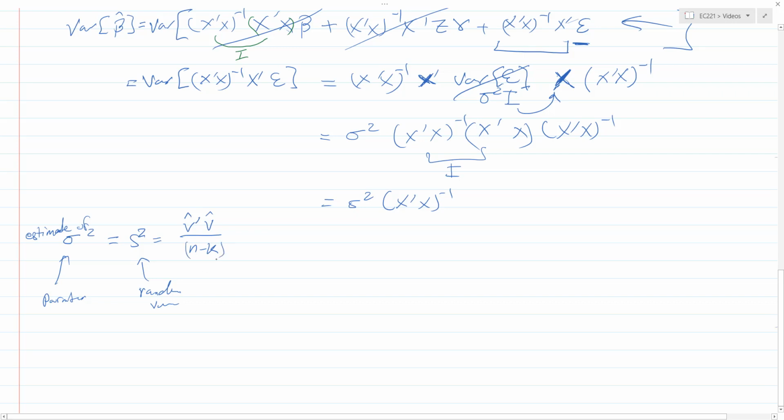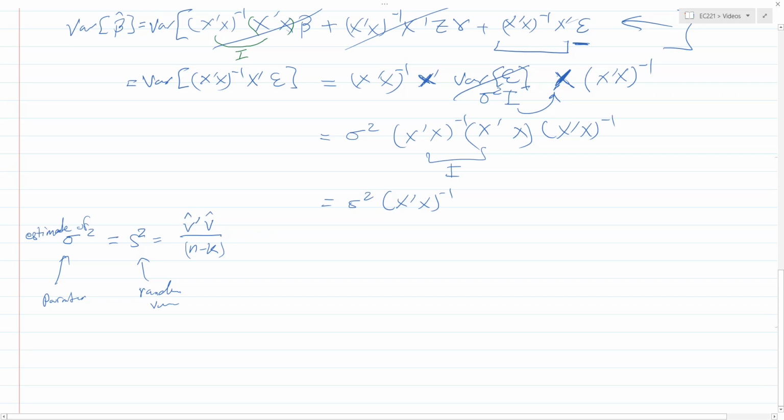This is going to be a biased estimator of sigma squared, and as Dr. Shavgans has mentioned, we're not required to prove that, so I'm just going to leave it at that.